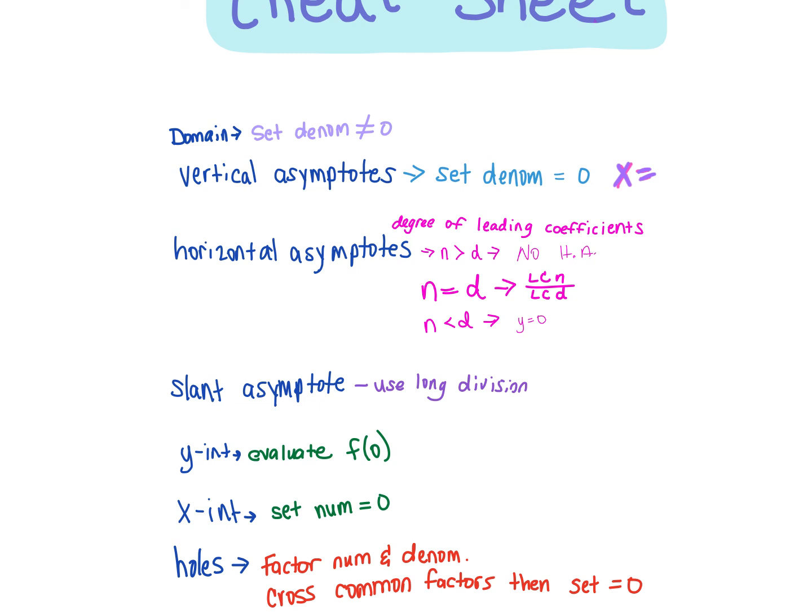If the degree of the numerator is bigger than the degree of the denominator, there's no horizontal asymptotes. If they're the same degree, you're looking at the leading coefficient of the numerator over the leading coefficient of the denominator. If the numerator degree is smaller, then y equals 0. Your horizontal asymptotes are always y equals. Slant asymptotes, you use long division. Again, your slant asymptote is y equals.